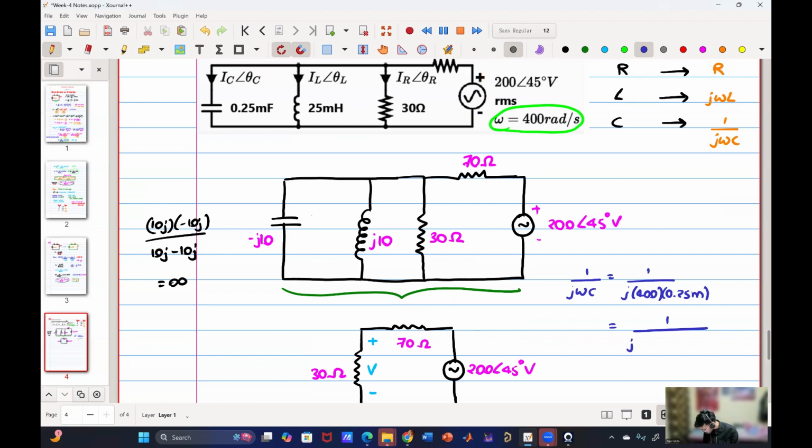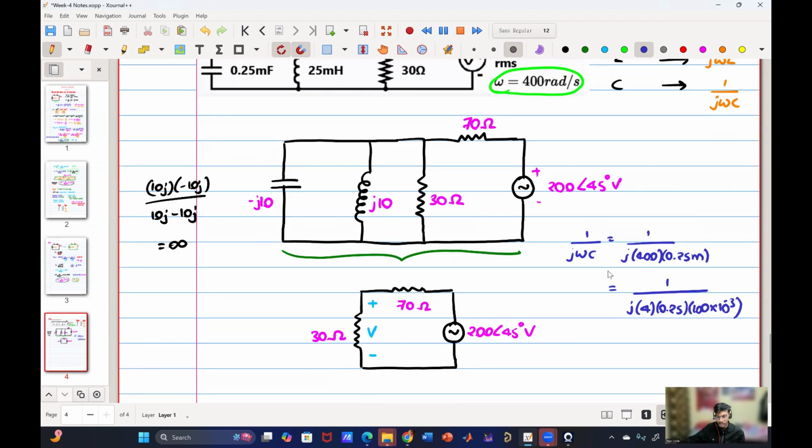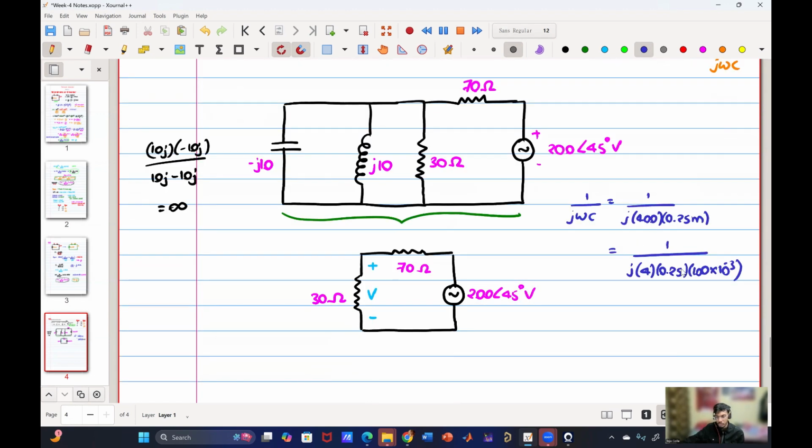So j into 4 into 0.25 into 100 into 10 to the power minus 3, right? 400 is 4 into 100, and 0.25 milli is 0.25 into 10 to the power minus 3, right? Agree?